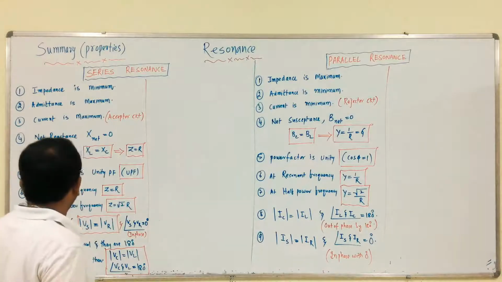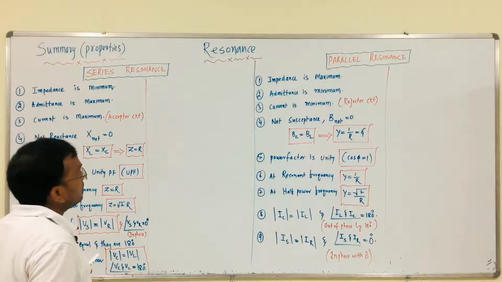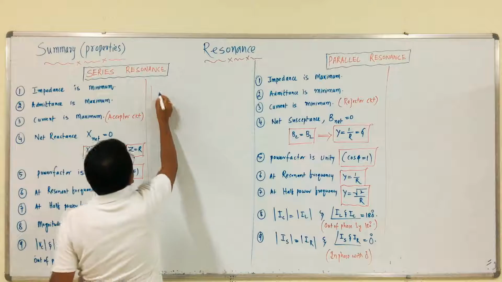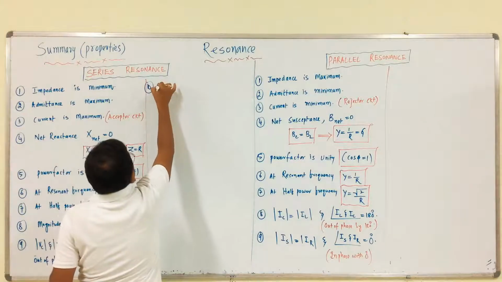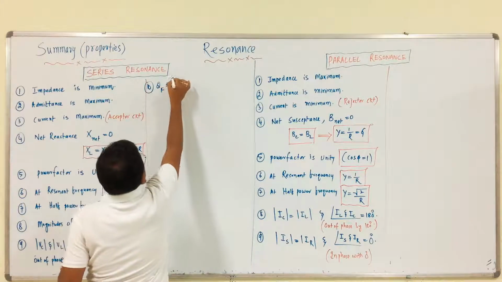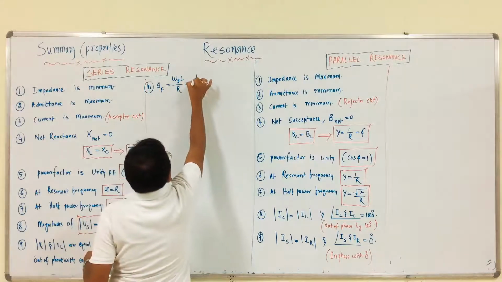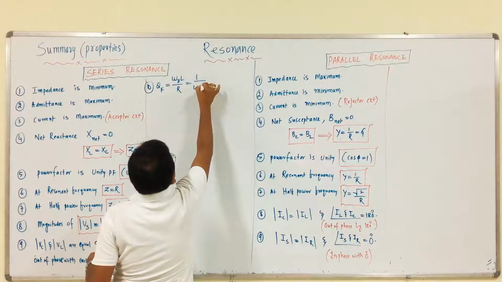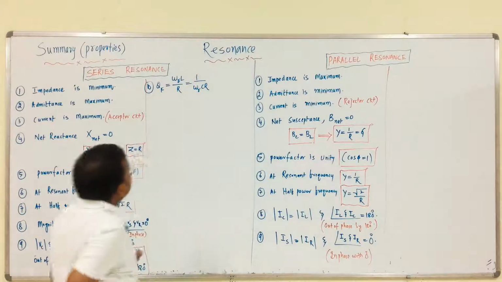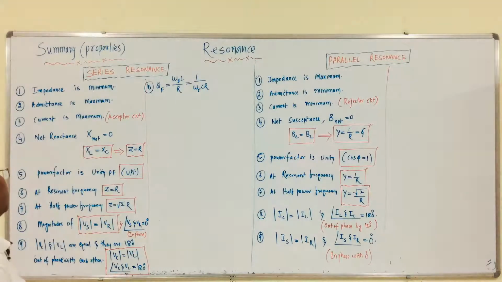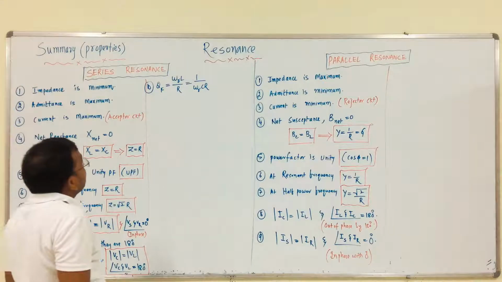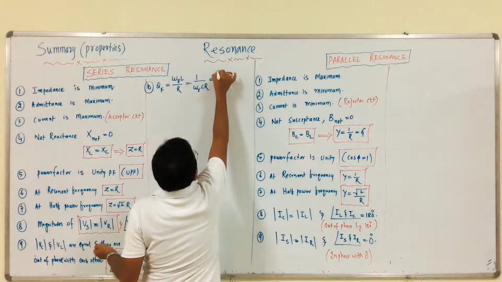Next, 10th point, after this we have the Q factor. Q factor is equal to omega r L by R, which is equal to 1 by omega r CR. Under resonance both are equal, which can be equal to what?